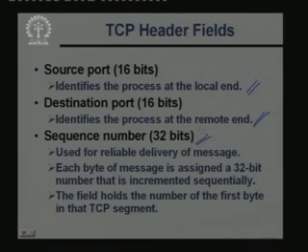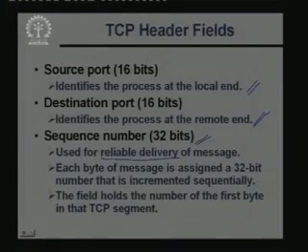Sequence number is used for reliable communication. Now, you are trying to transmit a message. A message may not be transmitted in one go, it may have to be broken up into smaller pieces, and several TCP packets may be generated corresponding to the same message. So, what will TCP do?